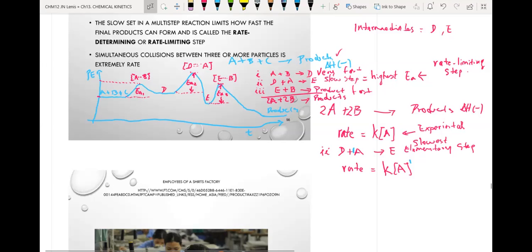If the rate law of the slowest elementary step matches the experimental rate law of the overall reaction, then your proposed mechanism is acceptable.